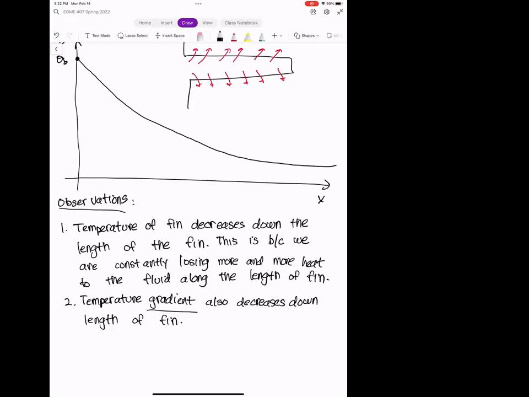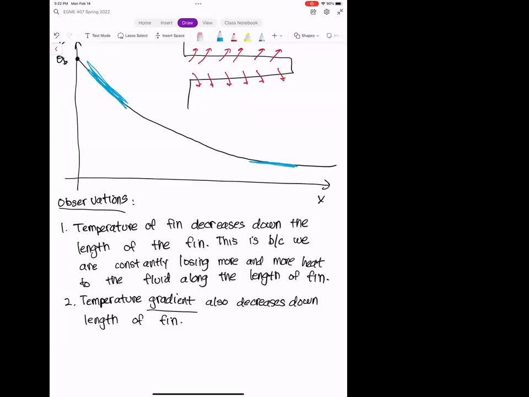I mean the slope of this line. If you look at the slope visually, at the beginning of the line, the slope is something like this. If we compare that slope to somewhere down the length, it's significantly more flat at the tip end of the fin.